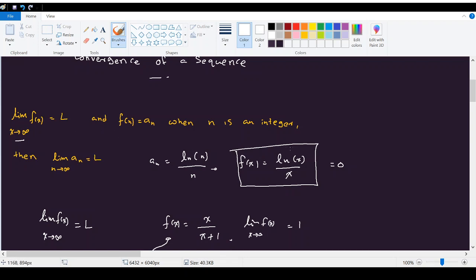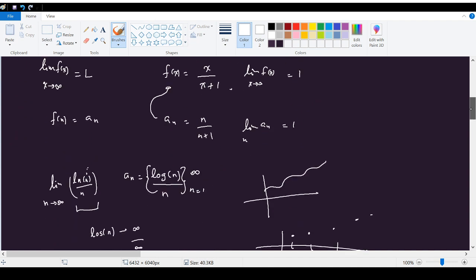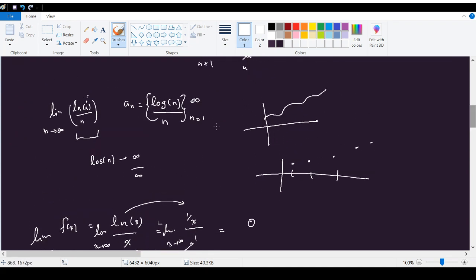If we have a limit for this function, it will definitely have a limit for this sequence. It's like this sequence is a subset of the function, and when I say a limit, we should consider the limit of the function when x goes to infinity. So from this theorem we can say that our sequence converges and the value is equal to 0. In fact, we can write the limit of a_n when n goes to infinity is equal to 0.